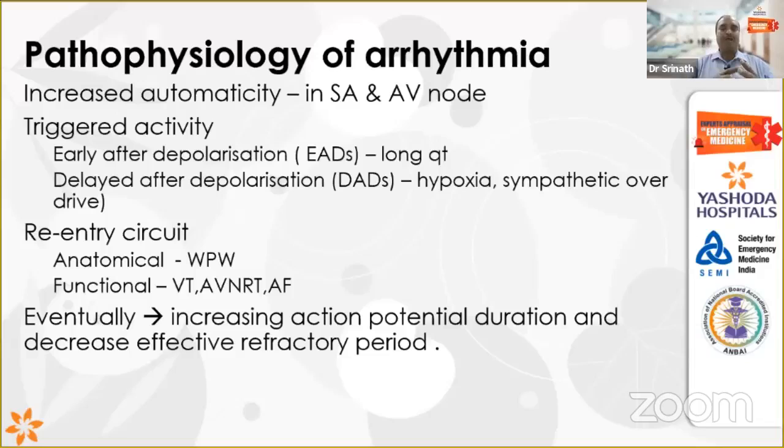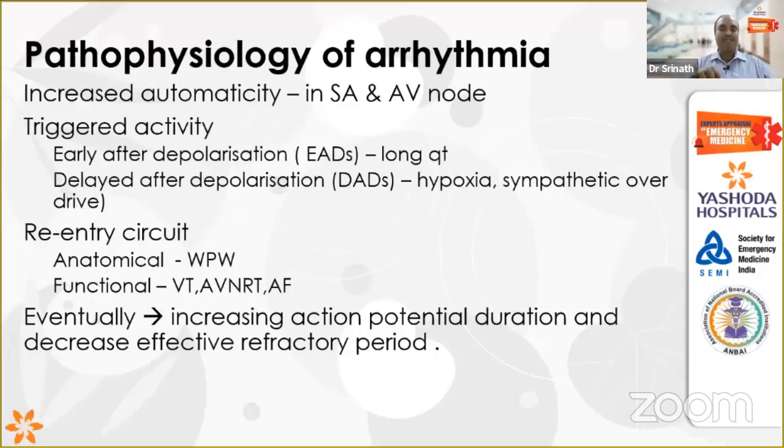A typical example for this is, whenever there is an anatomical problem, you see WPW syndrome, or if it is functional, you can always see ventricular tachycardia, AV nodal re-entry problems, or atrial fibrillation. So this is what you're going to see in your re-entry circuits.